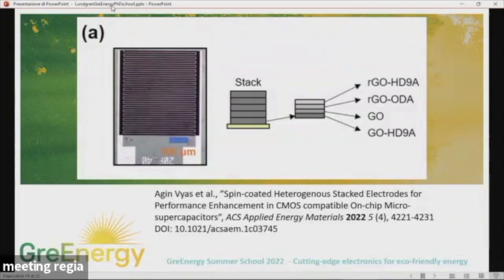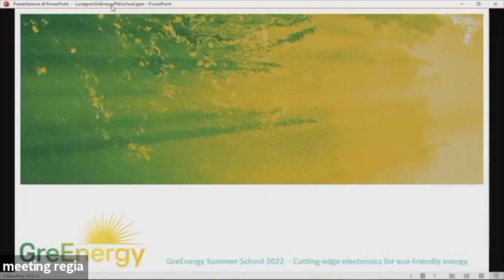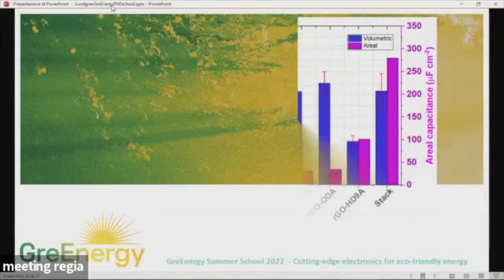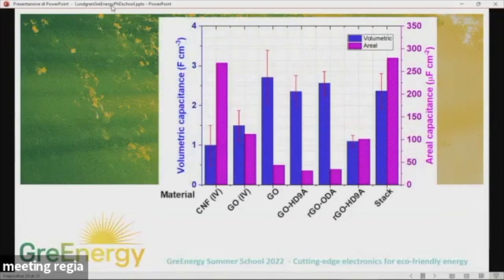So this is an example now of against actual materials. So what we can do is stack several different flavors of graphene derived from graphene oxide, which we reduce in different ways in the process, to have a stack of materials which would provide good enough active surface, good enough conductivity and stability, etc. So with that, we can show some net outcome in providing areal capacitance, in farads per unit area, which we will want to have as high as possible, since the energy we can store is capacitance times voltage squared over 2.